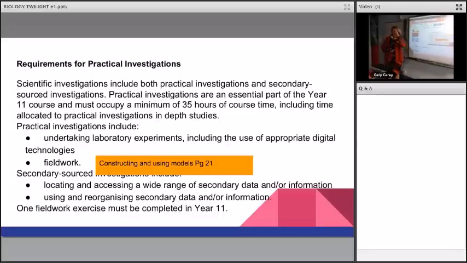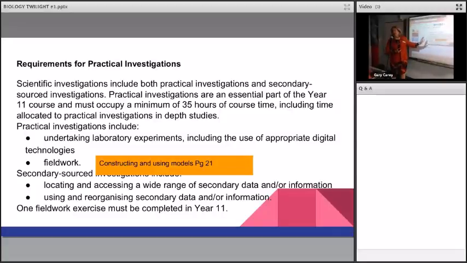That was all practical. The only thing that it now says are laboratory experiments, including appropriate use of digital technologies and field work. A primary and secondary bit says locating and accessing a wide range of secondary sources and using and reorganising data. So what we used to do up here as primary has now been moved into secondary.